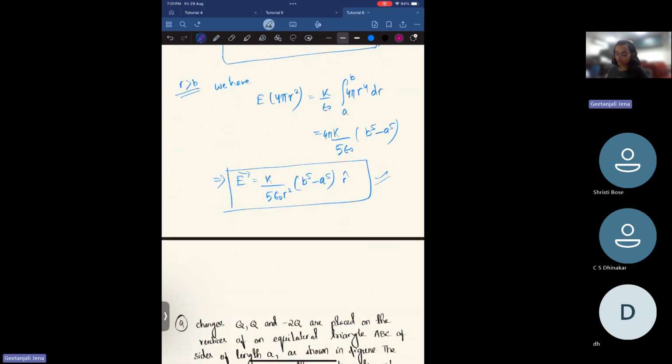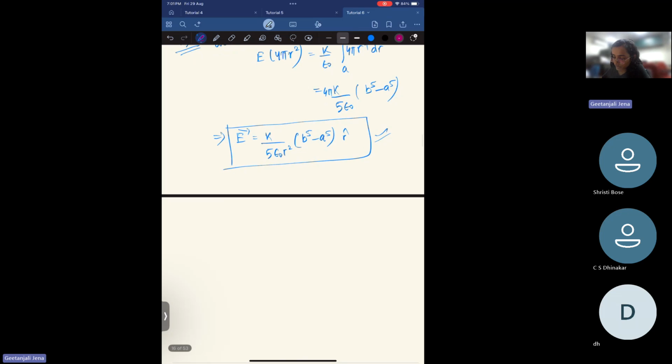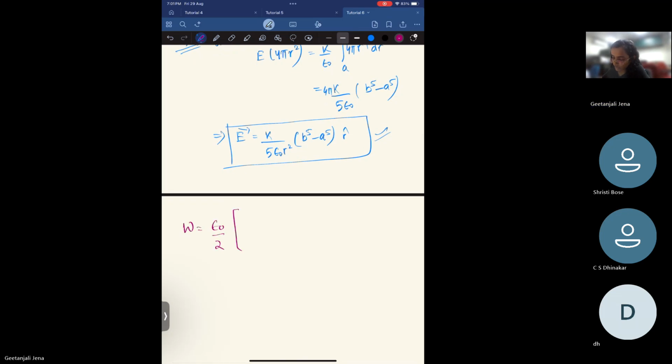So now you know the electric fields. So finding out the work done is now easy. It is epsilon by 2 E square dV, integration over all space.